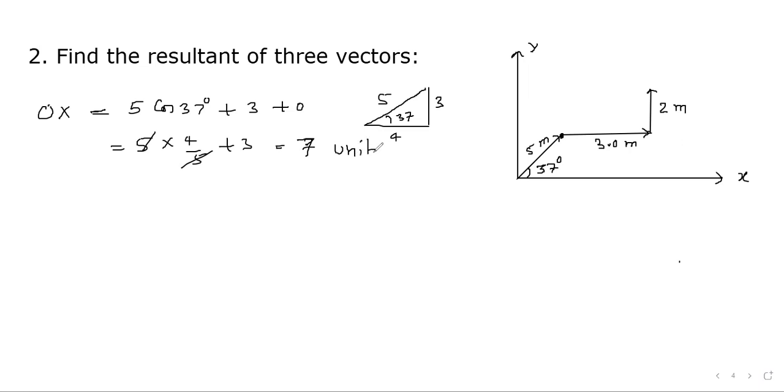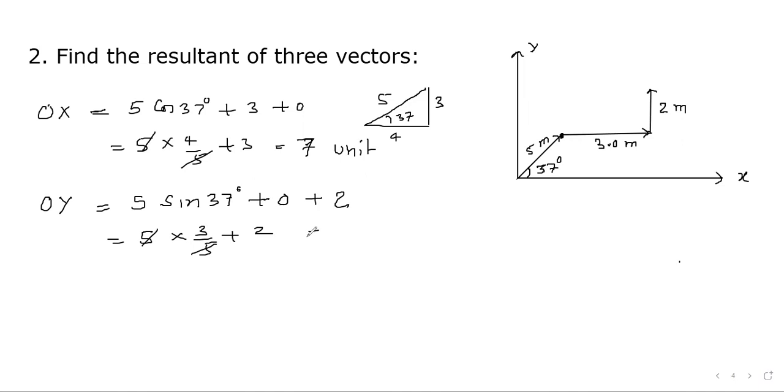7 units. Now along the y-axis, so Σy, that will be equal to its perpendicular component 5 sine 37 plus this has no component along vertical, so 0 plus this has value 2. 5 sine 37 from here, 3 by 5, 5 into 3 by 5 plus 2.